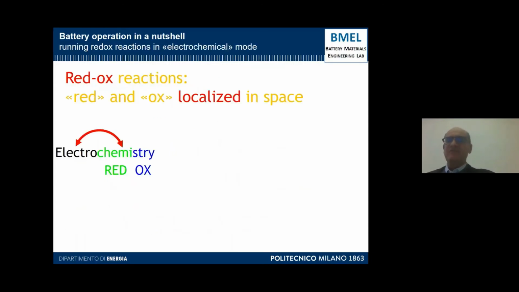So talking about batteries means talking about electrochemical processes in which electrical and chemical work are coupled. Specifically, batteries implement redox reactions in which reduction and oxidation processes are kept separated in space.